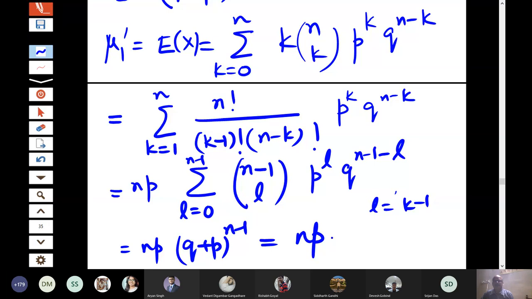If you have a fair coin and you toss it 1000 times, then what is the expected number of heads? You will say 500. If the probability of a student securing an EX grade is 1 by 20, then in a class of 200 students, what is the expected number of EX grades? It will become 200 by 20, that is 10. On the average, 10 students must get an EX grade.